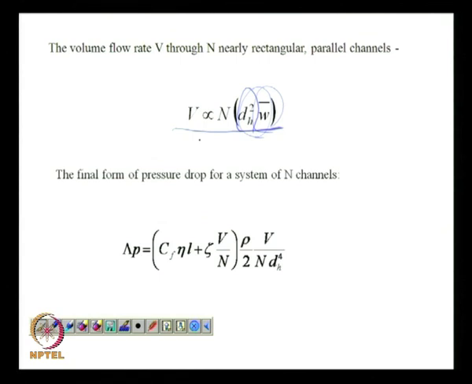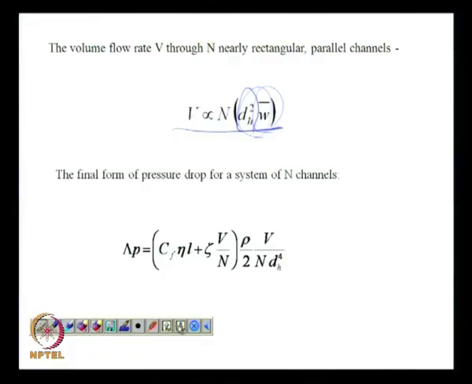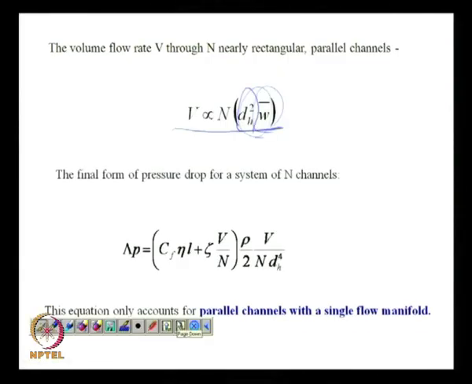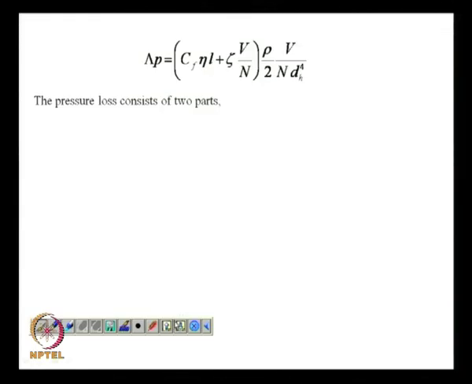But this expression that I am going to show is valid only when we have a single manifold. You have one manifold and then the liquid is going to get divided into n number of channels. The subsequent equations are valid for that. So, you have a system, and when you express it in terms of this expression, there are interesting things that you would see.